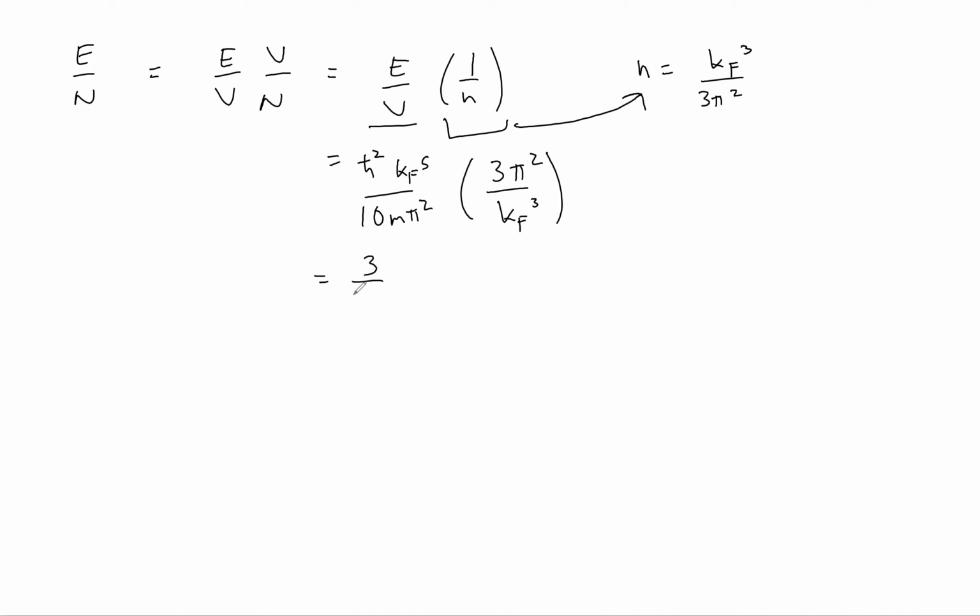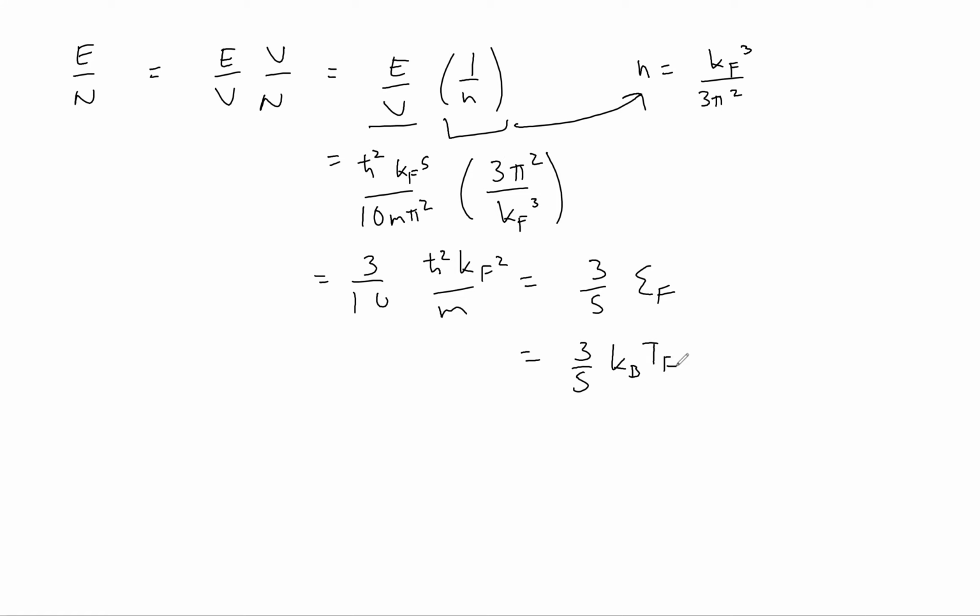This is 3/10 h bar squared kf squared over m, which is 3/5 of the Fermi energy. If you like, this is 3/5 times kB TF.